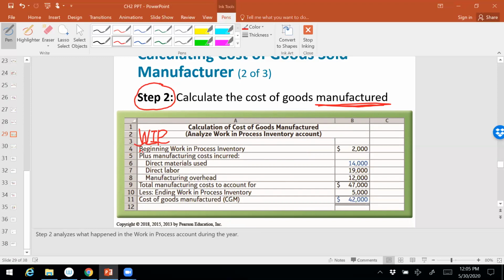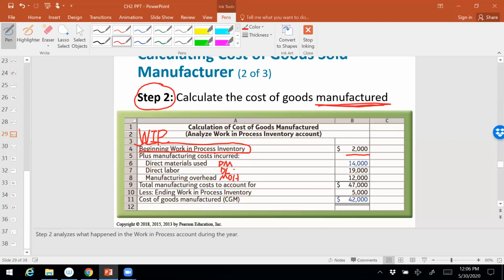At the beginning, we had a partially finished product, so we had our beginning work in process inventory of 2,000. And then we need to add manufacturing costs incurred, including direct material, direct labor, and manufacturing overhead.